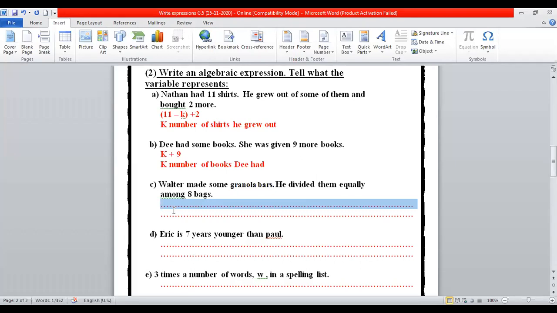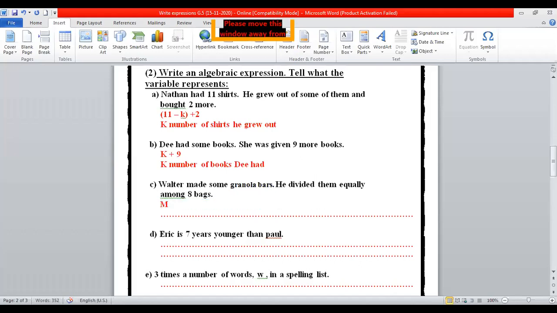We choose any letter to put in this place as you like. What is the letter you want? Use M. He divided them equally among 8 bags.